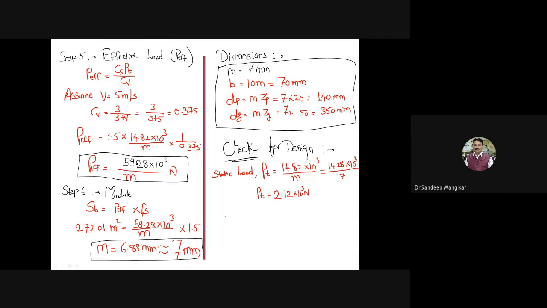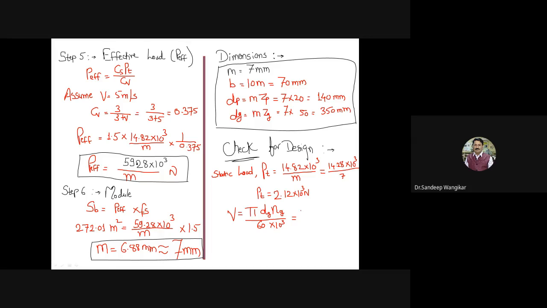Next, go for pitch line velocity V calculation. We are having formula pi d n. So here I will say pi dg ng, designing for gear, divided by 60 into 10 raised to 3.